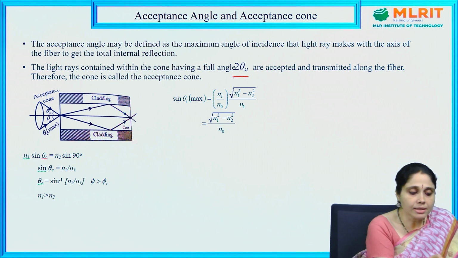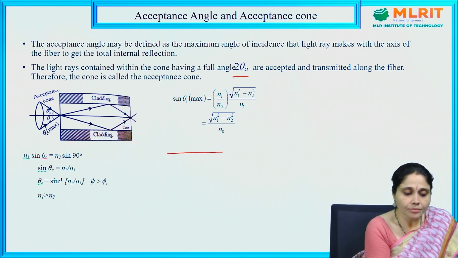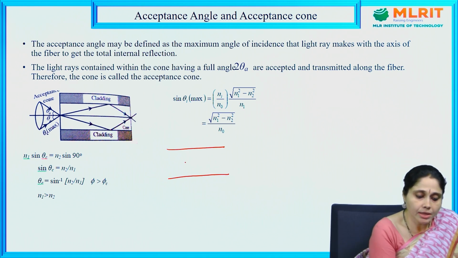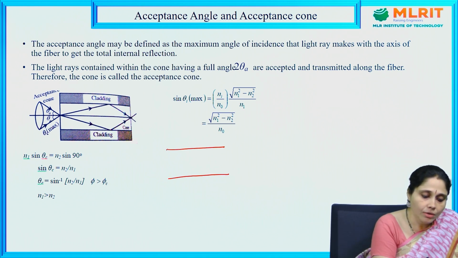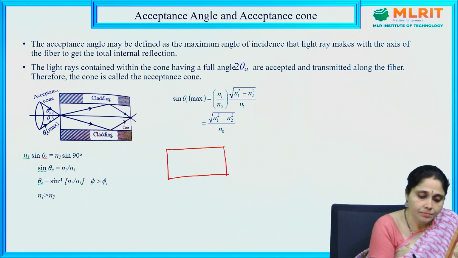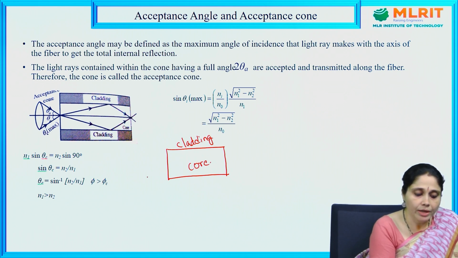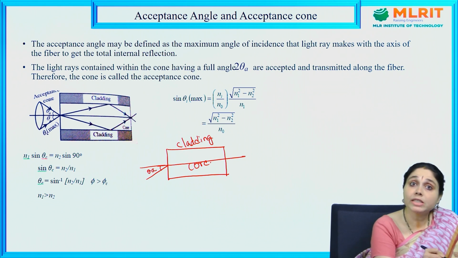So, this is the core-cladding interface. Once again, we shall represent it here. This is the core, and whenever the light enters at a particular angle of incidence, that angle is known as theta A, and the light enters from both sides.